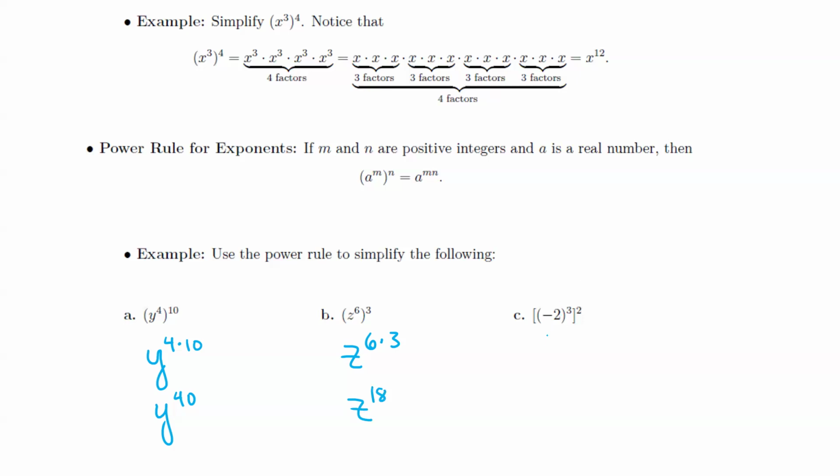And then -2 to the third to the second would be -2 to the 3 times 2, which would be -2 to the 6th, which would be +64. Again, this is one of those where we're repeatedly multiplying -2, but because I'm multiplying an even number of negatives, it becomes positive.